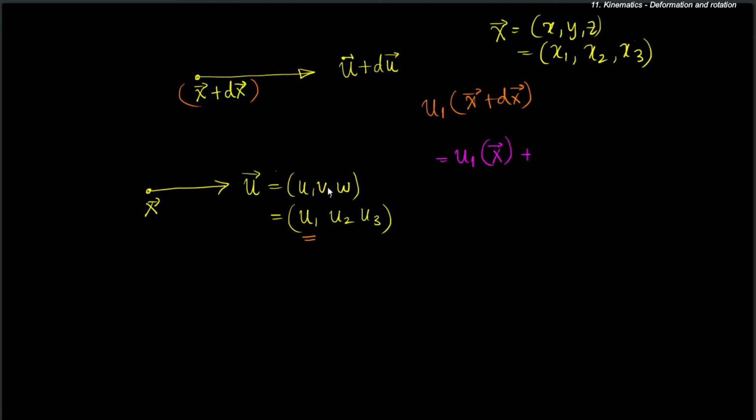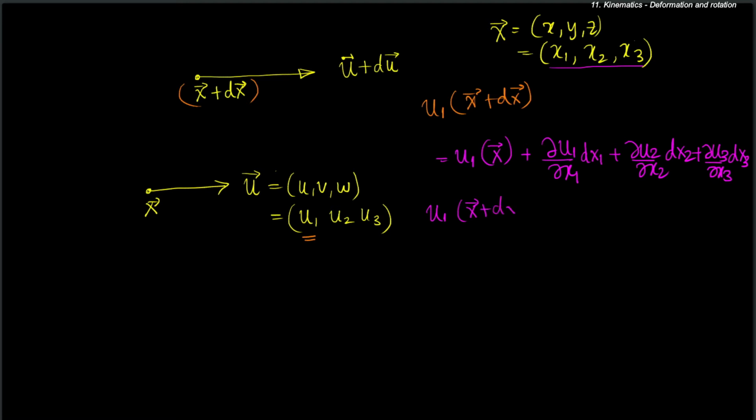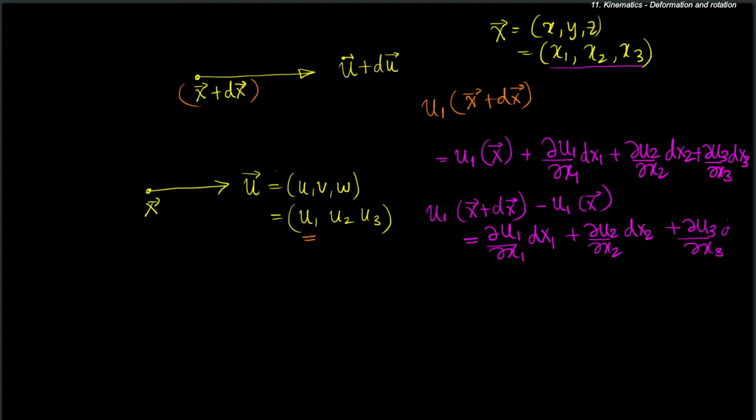Now u1 is a function of x1, x2, x3, so we can write plus del u1 del x1 dx1 plus del u1 del x2 dx2 plus del u1 del x3 dx3, and therefore the relative velocity, that is u1 at x plus dx minus u1 at x, is written as del u1 del x1 dx1 plus del u1 del x2 dx2 plus del u1 del x3 dx3.